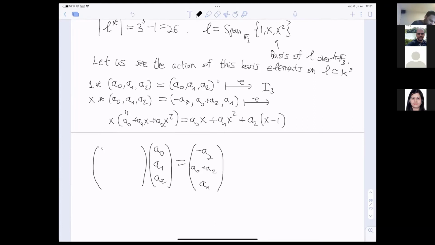If I call this phi of x, this is the matrix. And the same you do for x squared.